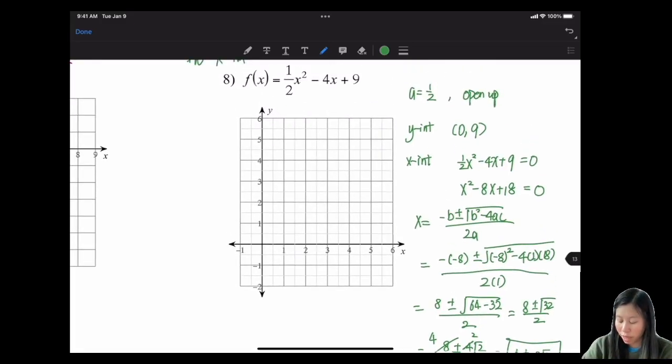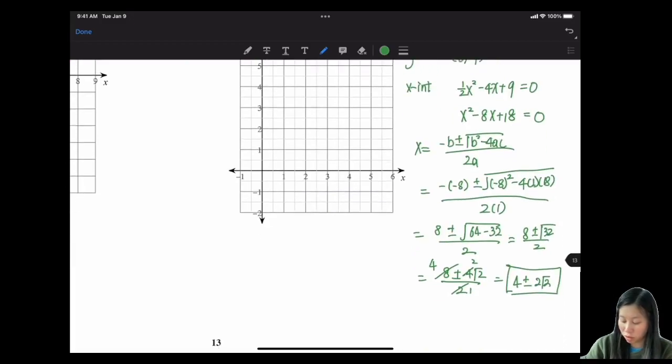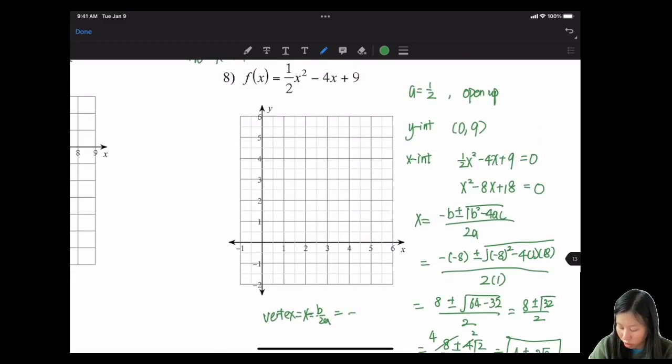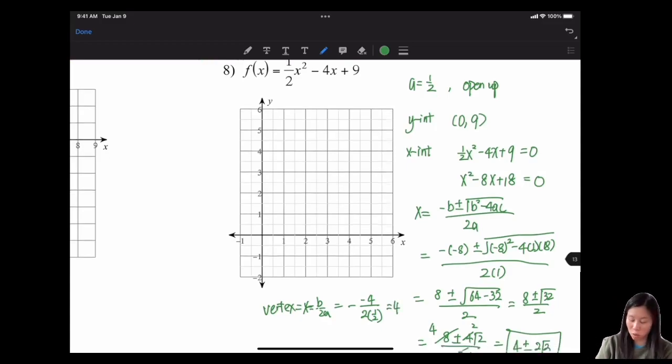Okay, after we find a, y-intercept, x-intercept, we still need to find the vertex. So the vertex: x equals negative b over 2a, b equals negative 4, 2 times a is 1/2. So that means our vertex, the x-coordinate, equals 4.